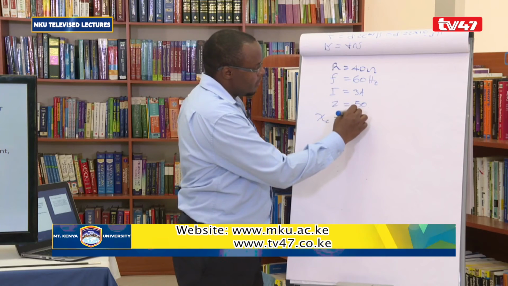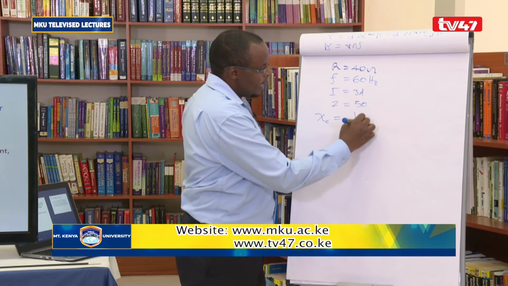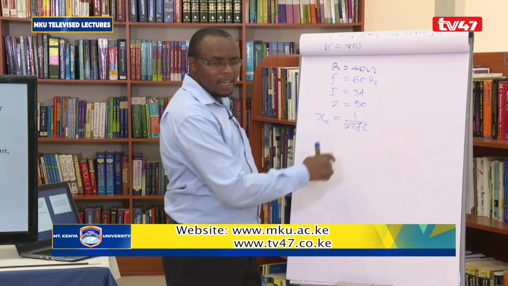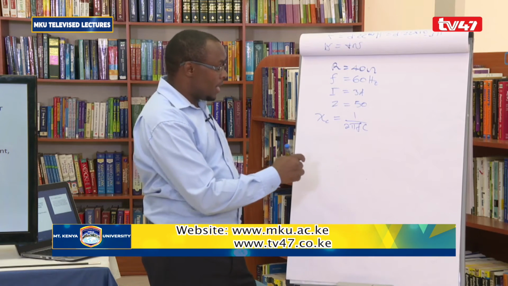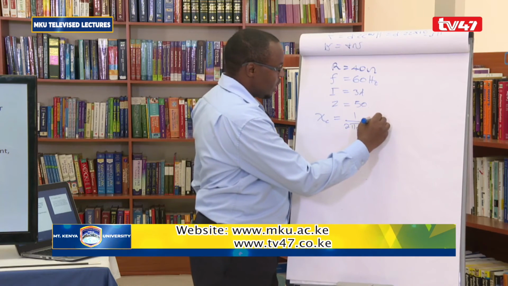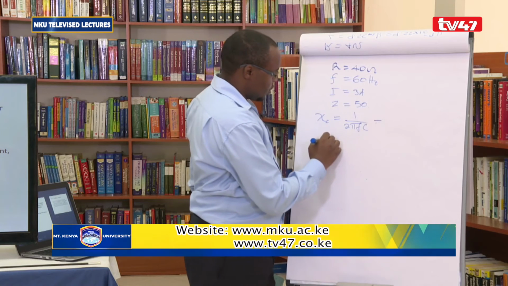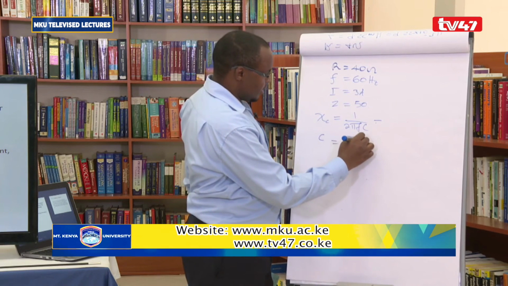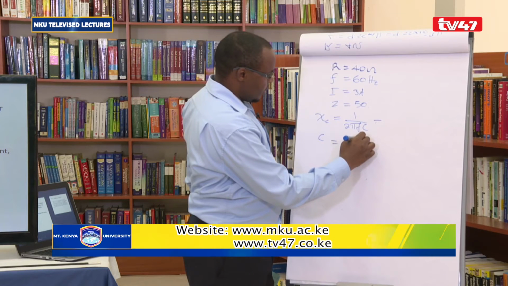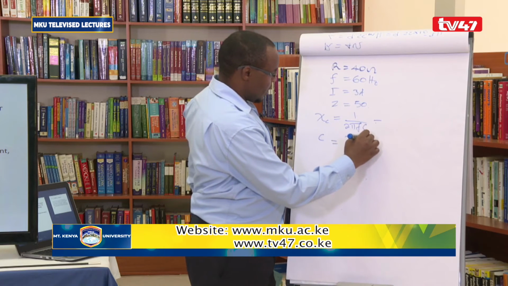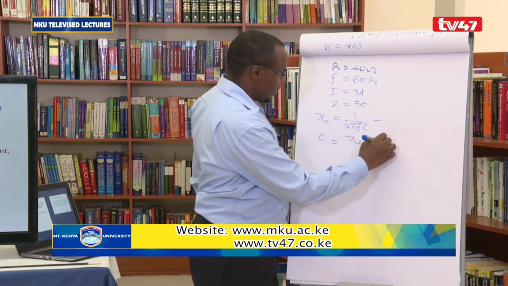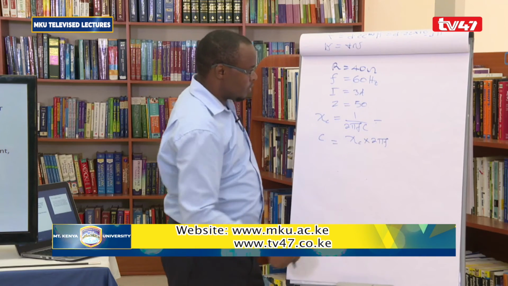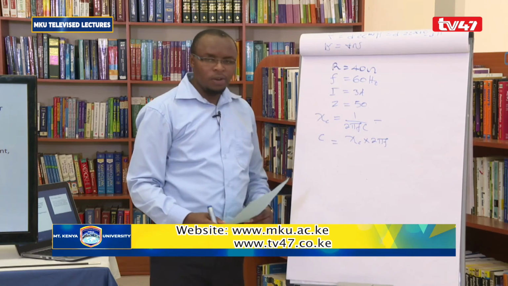XC is going to be given by 1 over 2 pi FC. So if you make C the subject of the formula here, C is going to be given by 1 over reactance XC times 2 pi F. So that's how you are going to get the value of that capacitor.